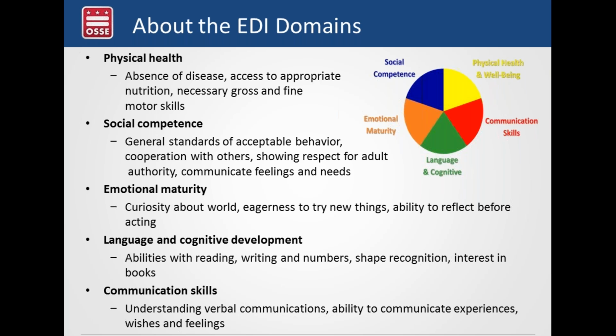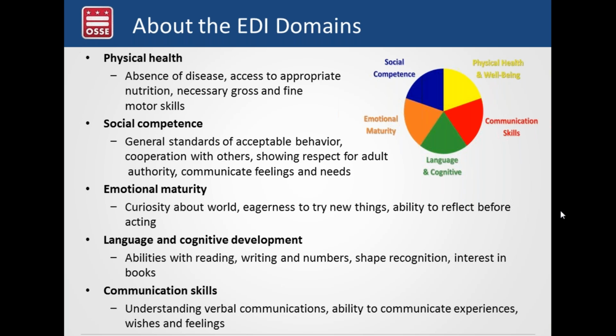Next slide. I mentioned it's a holistic tool. Here are the 5 broad domains that are measured by the EDI. There are about 104 individual items. Again, it takes 10 to 15 minutes to fill out, and it measures these 5 broad domains. Physical health, and then the sub-bullet gives you some examples of the subdomains that are measured within physical health, such as absence of disease, nutrition, gross and fine motor skills.